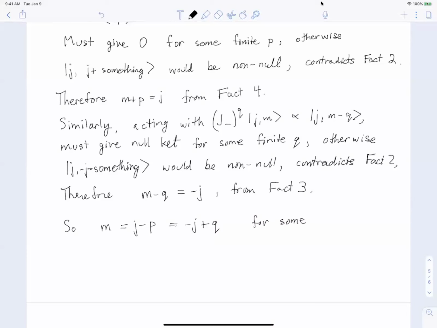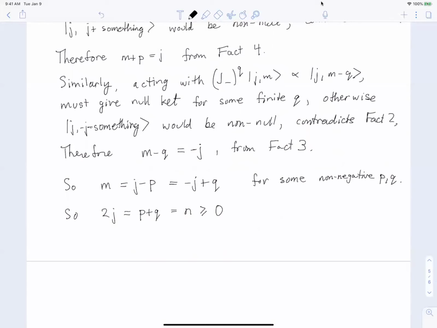Putting the two equalities together, we get 2j equals p plus q, which has to be greater than or equal to 0. Let's call that integer n. Since p and q are each non-negative, n is non-negative. That's basically what we wanted to prove. We just divide by 2.